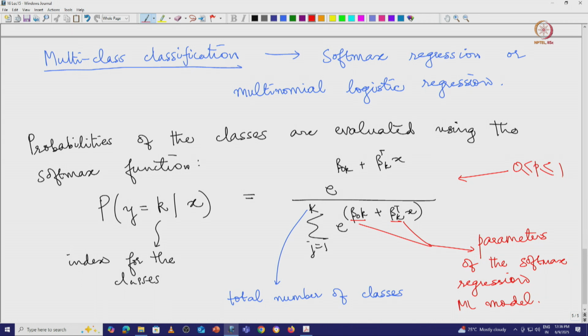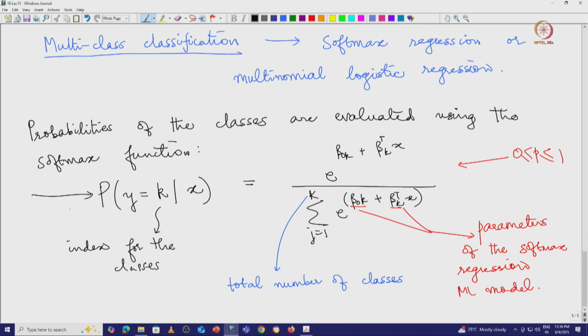Then you are going to have these parameters beta naught and beta k vector that will exist for every class, and they have to be trained during the training of the ML model.